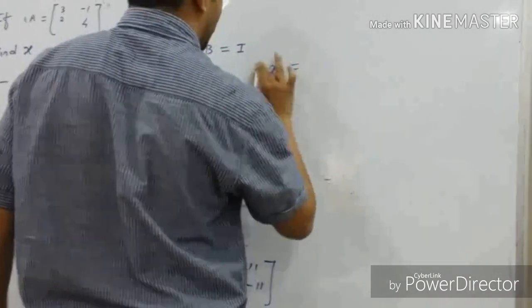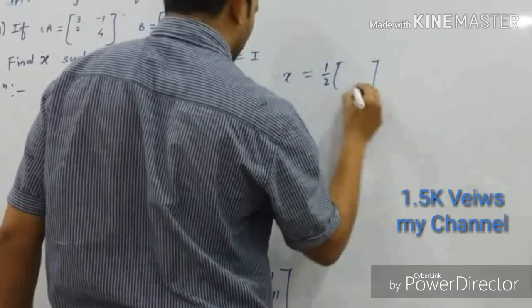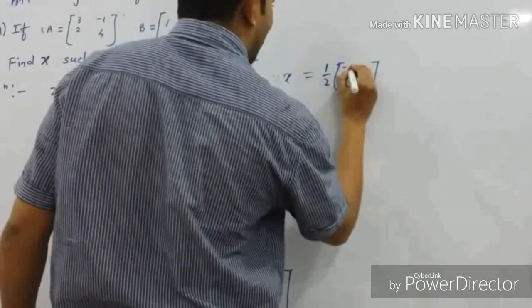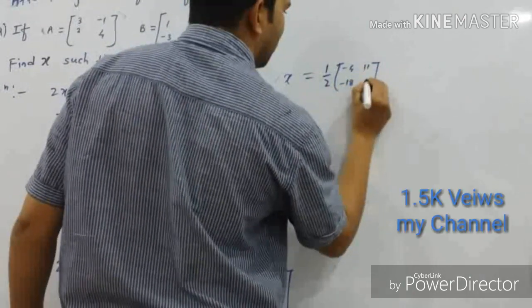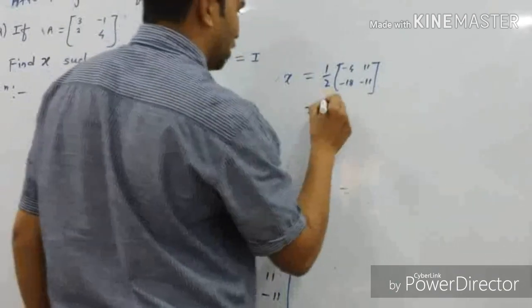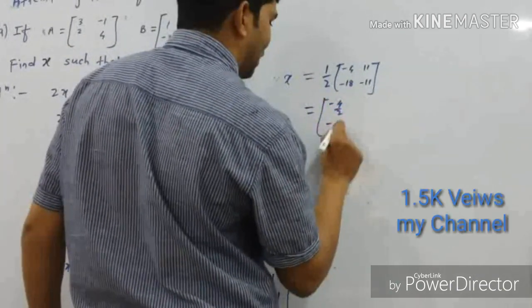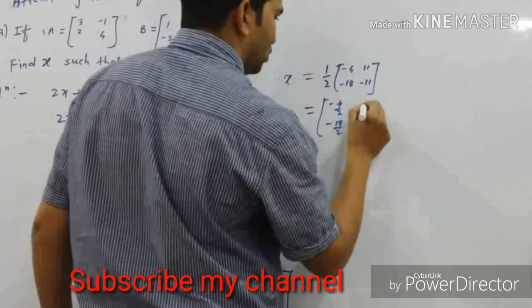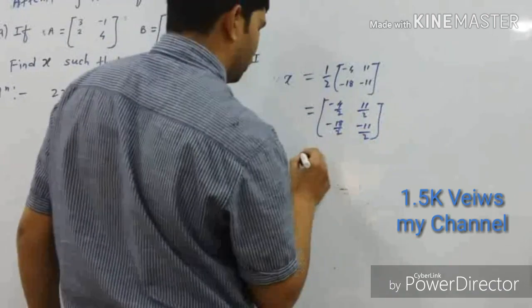So we shift this 2 here, 1 upon 2 into minus 4 minus 18, 11 minus 11. So we get minus 4 by 2, minus 18 by 2, 11 by 2 and minus 11 by 2.